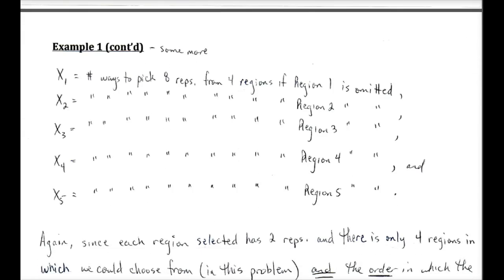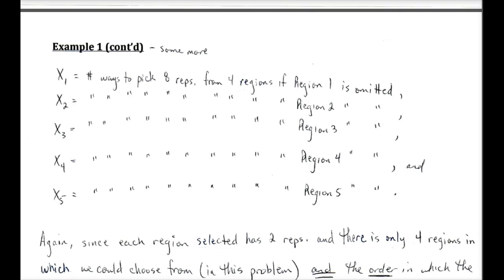And so that's what the X1 and X2 and X3 stands for. And since we have 5 regions total, what we can do is just omit each one and see what the outcome is for each one and then add them up. So that is what the X of 1 through X of 5 stands for, okay?